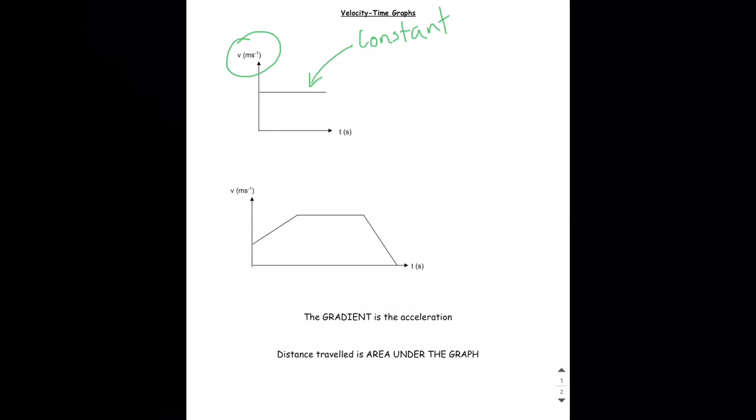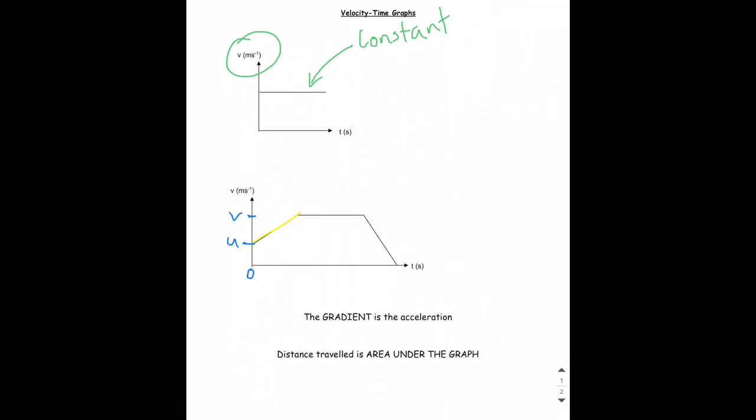For the next one, down here, you can see the velocity at the beginning, whenever we started measuring when time was 0, we usually call that u. We then speed up a little bit, so we accelerated up to our velocity there, which we tend to call v, over that period of time.